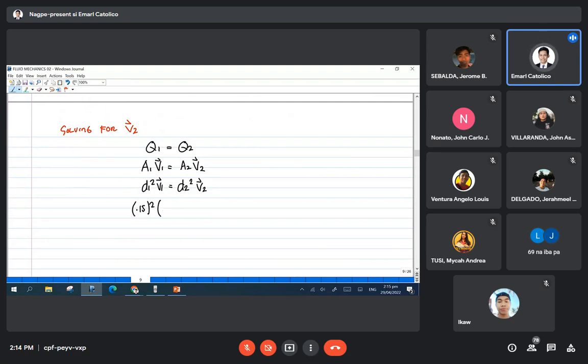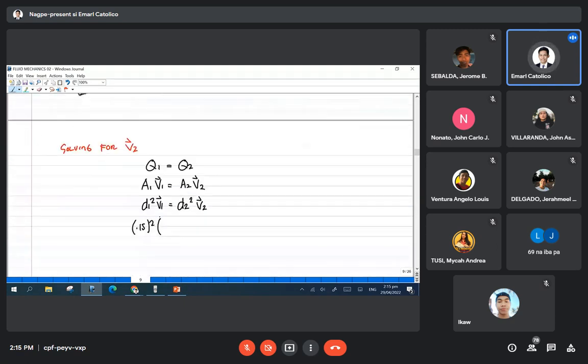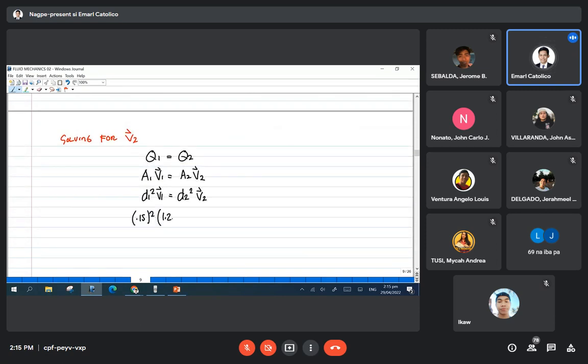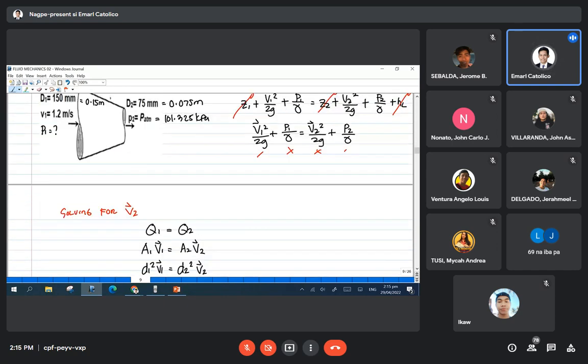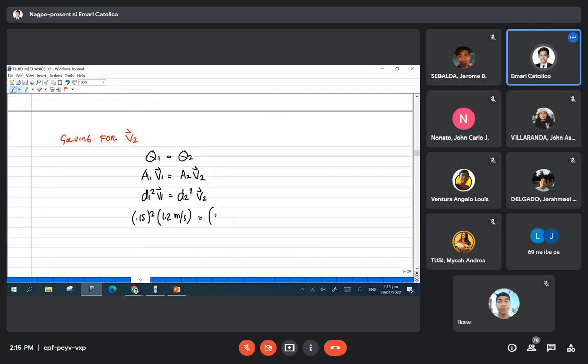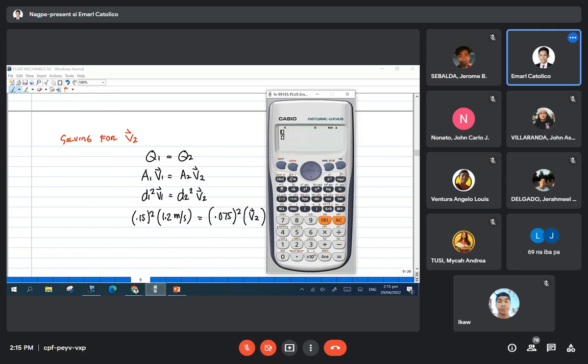V1 natin ay 1.2 meters per second. Diameter natin at point 2, 0.075. Then velocity 2, yan yung nawawala. So 0.15 squared times 1.2 divided by 0.075 squared. So therefore, velocity 2 natin ay 4.8 meters per second.